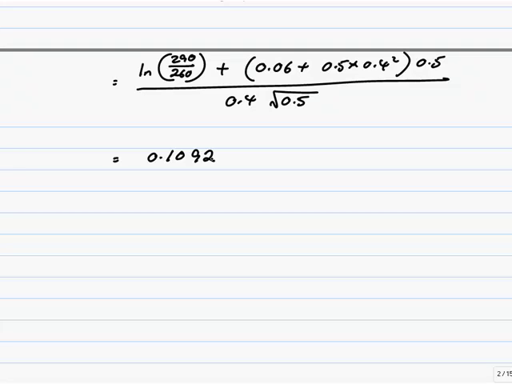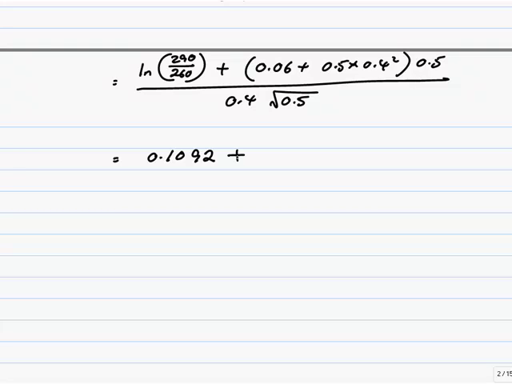I'll talk about how many decimal places to go later, but 0.1092. Do be careful of this one. You'll see in the next example, I think, that in fact this can be negative. And so do check. Here it is positive, but clearly it will make a big difference had the answer been negative.